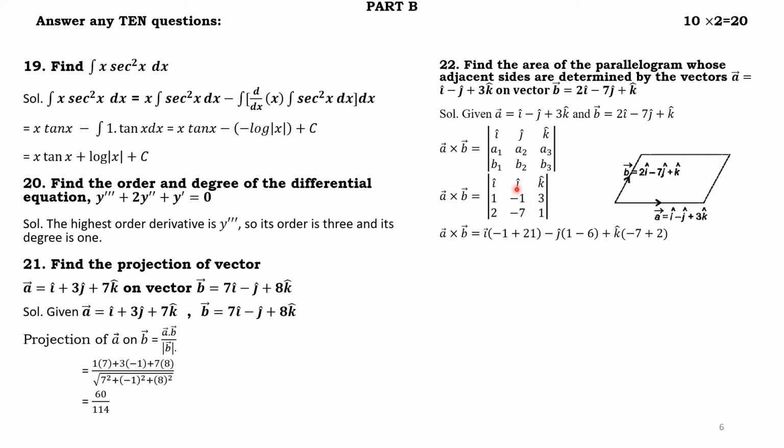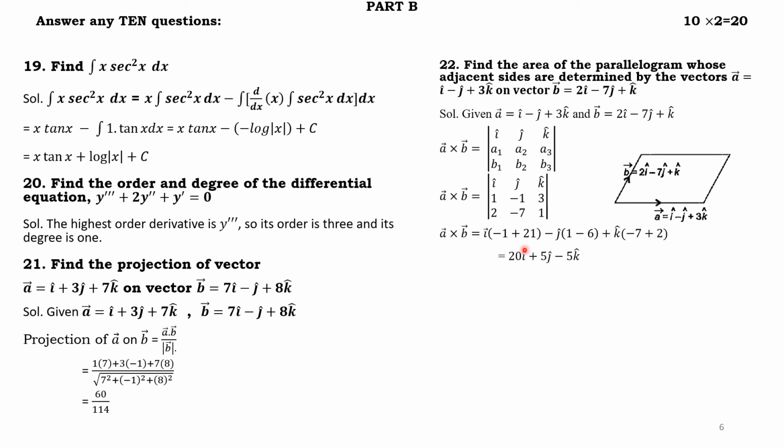Minus j into, cancelling the second column and first row, you get 1 into 1 is 1, minus 2 into 3 is minus 6, plus k into 1 into minus 7 is minus 7, minus into minus 2 plus 2.